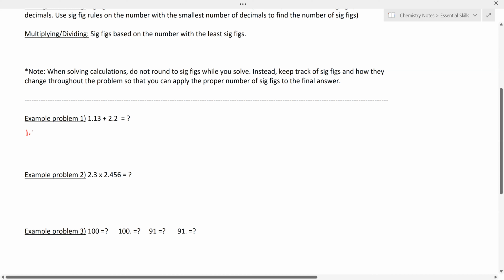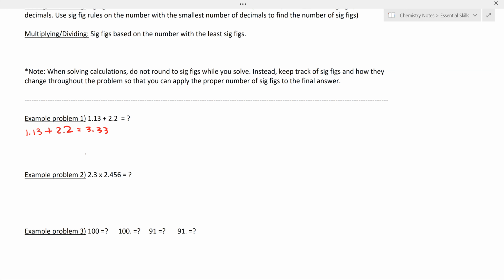So you have the 1.13 plus 2.2 equals 3.33. Okay? But what you've got to do here is go back. Usually, just to add, you want to keep track of the sig figs before you solve, but I'm just doing it like this so we have it all here at once.